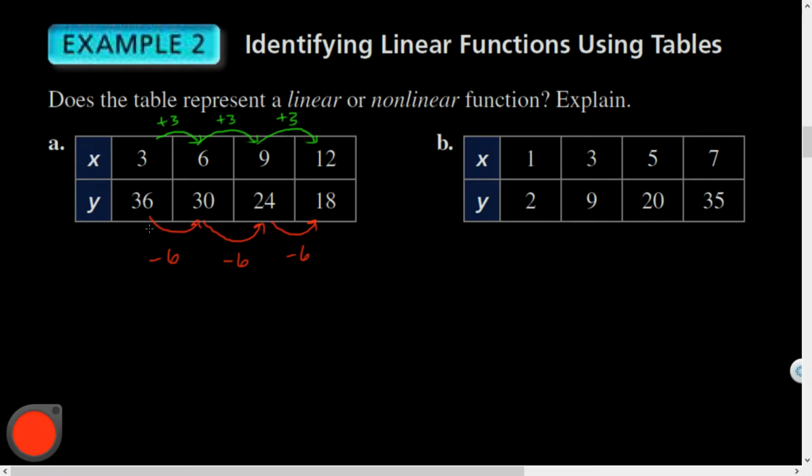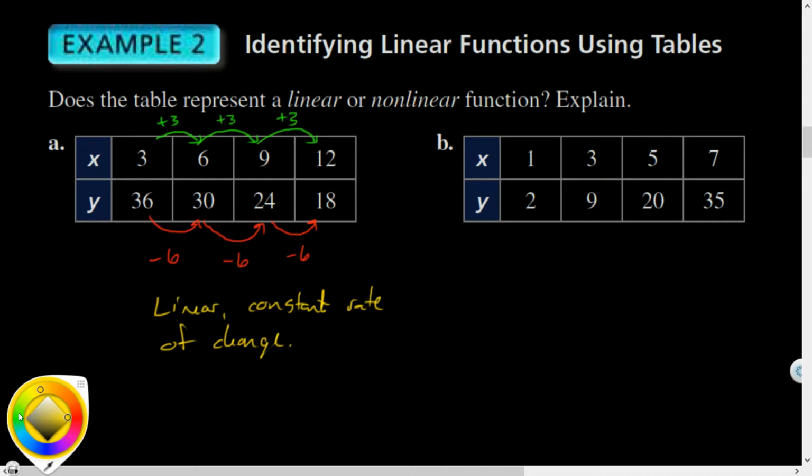Graphically, this would be down 6 over 3. But notice it's constant. It's changing by the same amount every time. So we would call this linear because it has a constant rate of change. It's changing by the same thing all of the time. Good stuff.